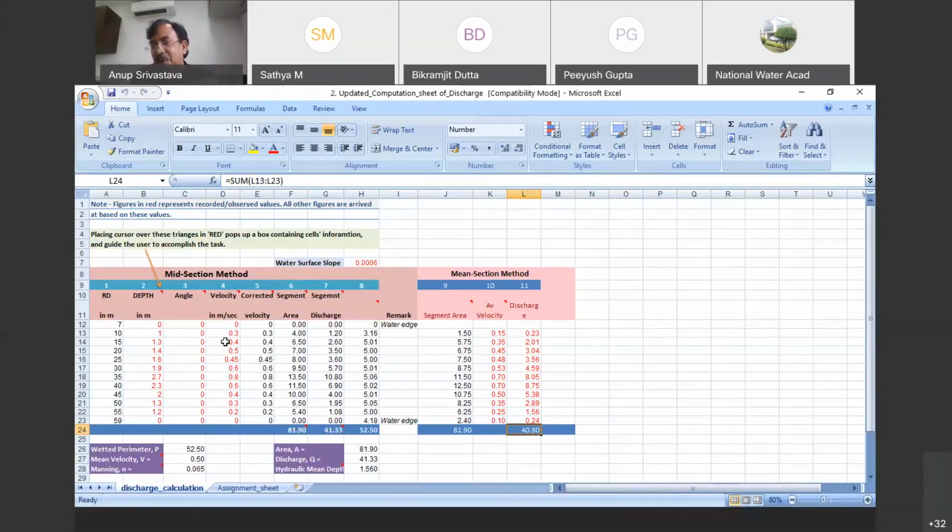So always encourage those people to keep the instrument correct and in proper order for discharge measurement. And for segmentation, whatever method you adopt for fixing your verticals, 10 meter, 15 meter, it should be followed as closely as possible.